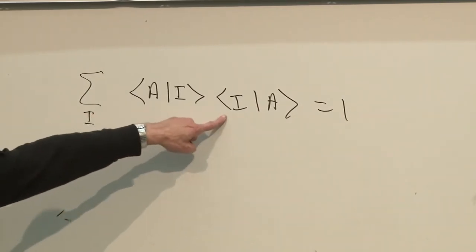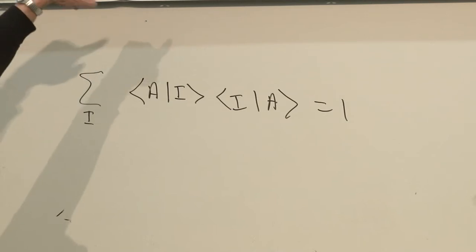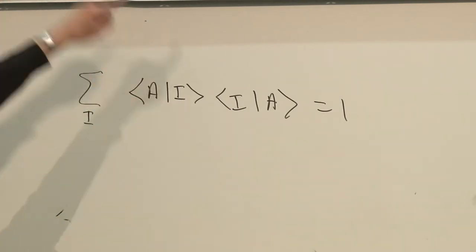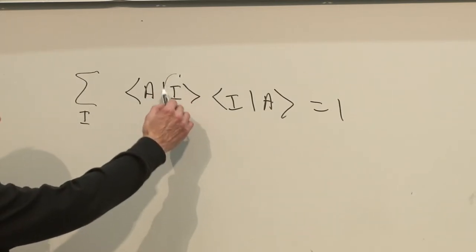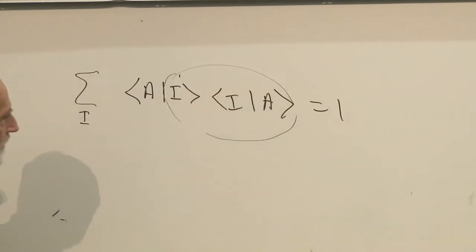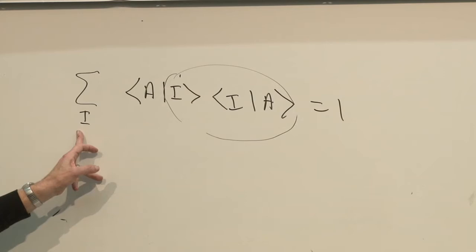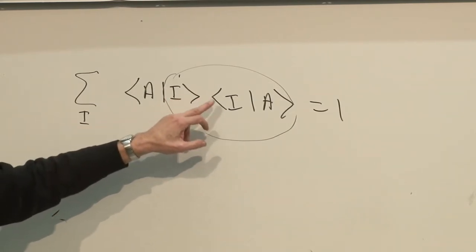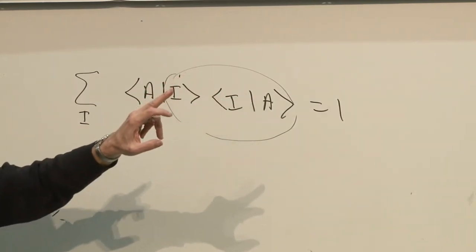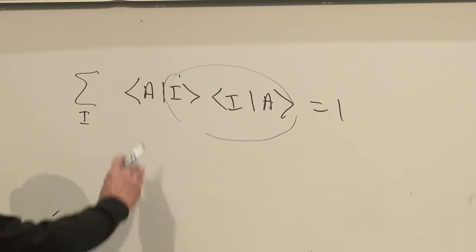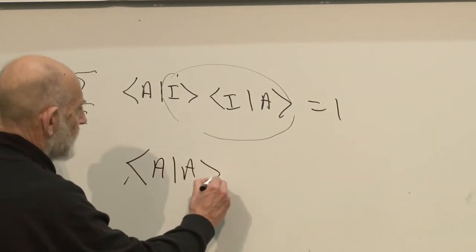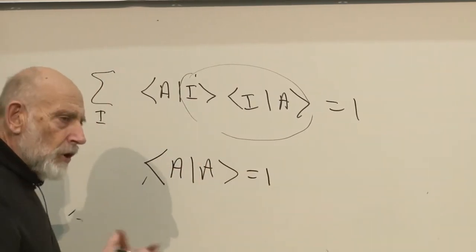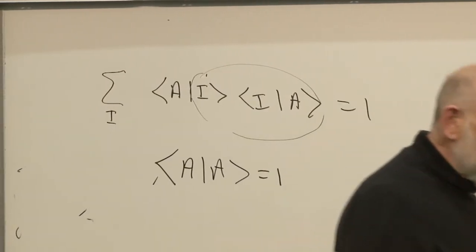Now, I is a basis. And if you go up to the top equation there, you have equations which tell you how to deal with exactly this combination. What is the sum over I of |I><I|A>? It's just A. So what this says is that the inner product of A with itself should equal 1. The total length of A should be equal to 1. That's not too surprising.